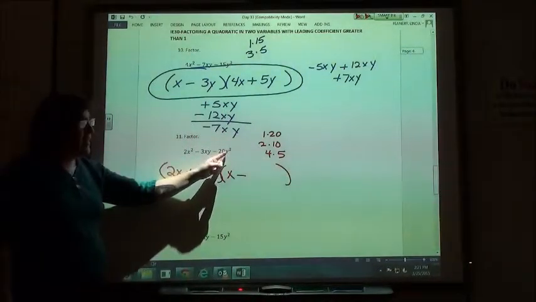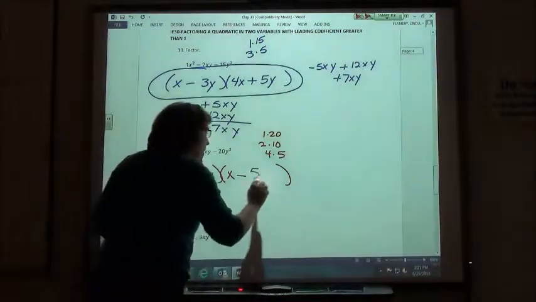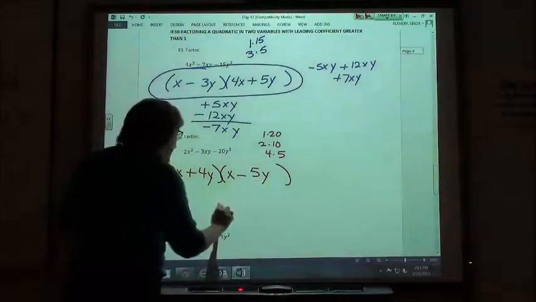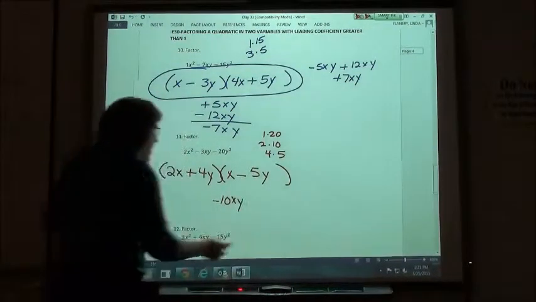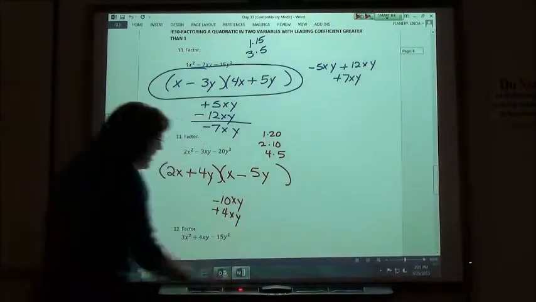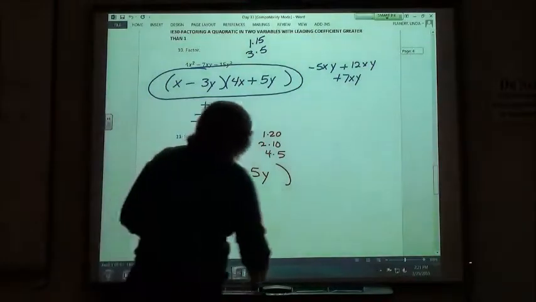I got to keep in mind that I got to put the y's on with my values, so 4y and 5y. And if I check that, my outside product is negative 10xy, my inside product positive 4xy. Negative 10 plus 4, not 3. So I switch them around.